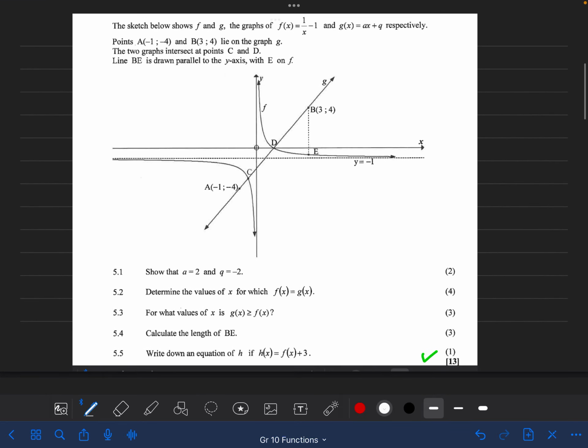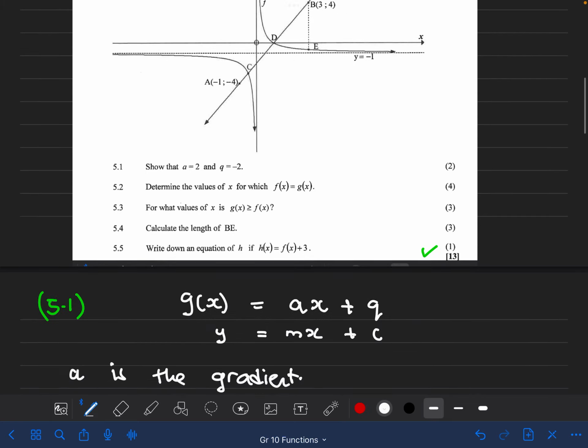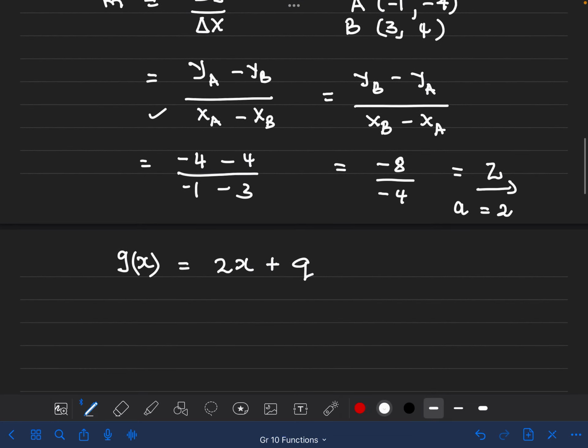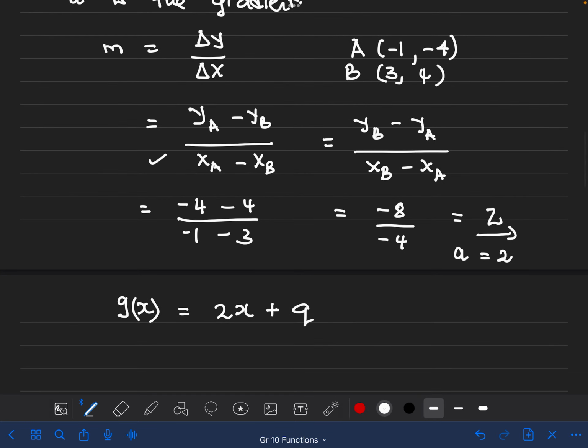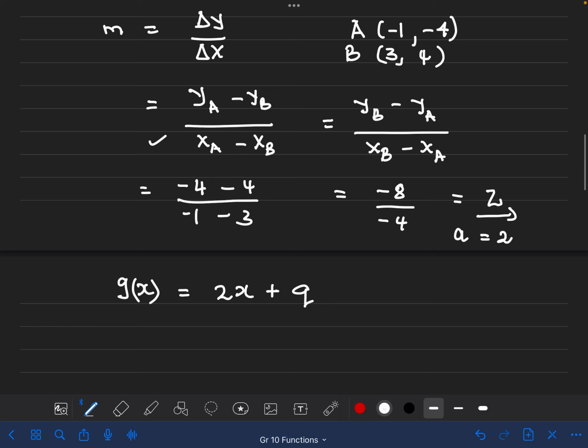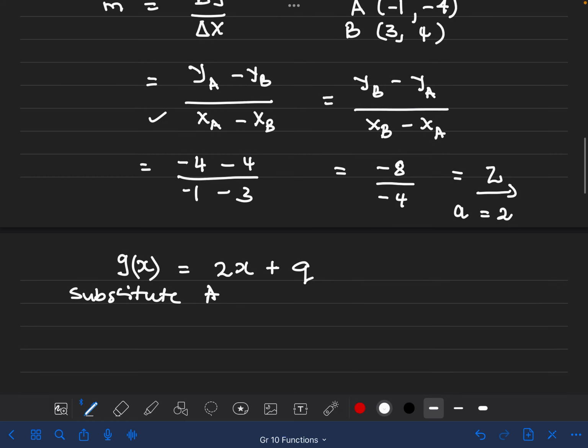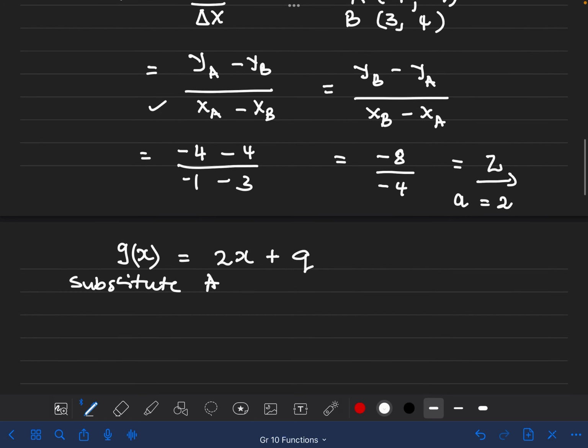So now it's time to find q, or to actually prove that q is negative 2. And remember, guys, that q is the y-intercept. In order for us to find q, we can substitute either coordinate A or coordinate B. Whichever one is going to give you the same answer. Let us substitute A. The reason we're doing that is to find q. And remember, g of x is the same as y, guys, right? So A is negative 1 and negative 4.